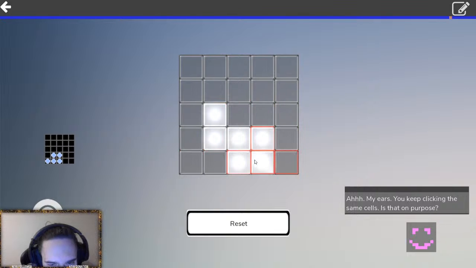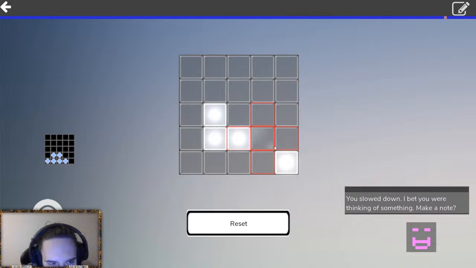Wall spider bite, but we can't just drag this to the left. We have no way of doing that.